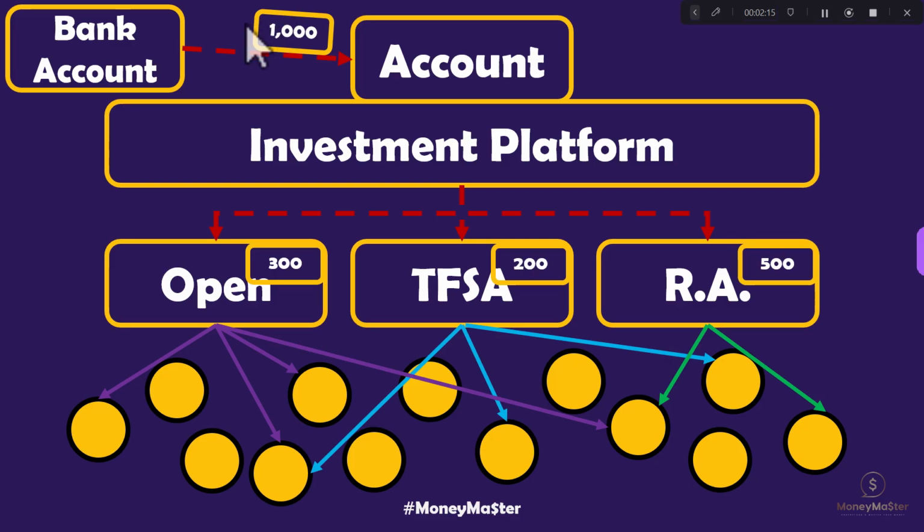Let's assume you could take $1,000 that comes from your bank account onto the platform. You've selected to invest 300 of the 1,000 into this discretionary or open account, 200 into this product. That's called a tax-free savings account. I promise I will explain these products in detail in other videos.